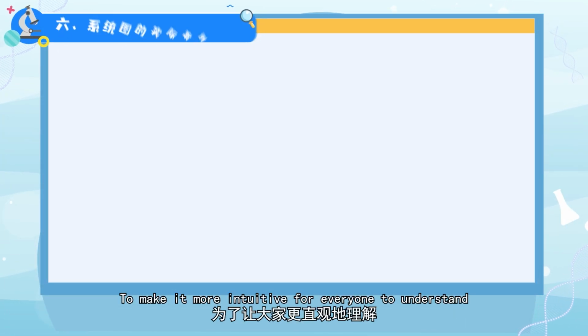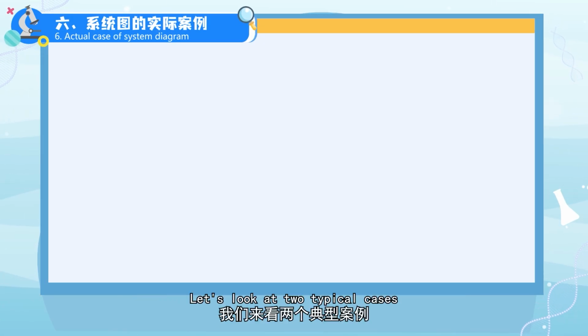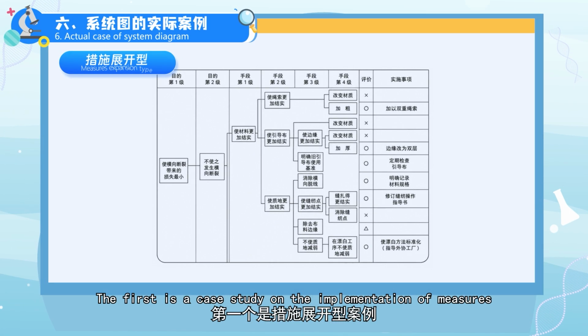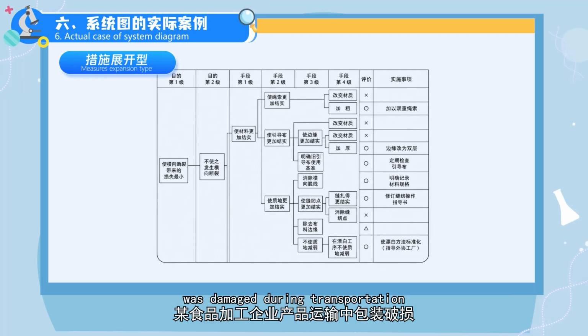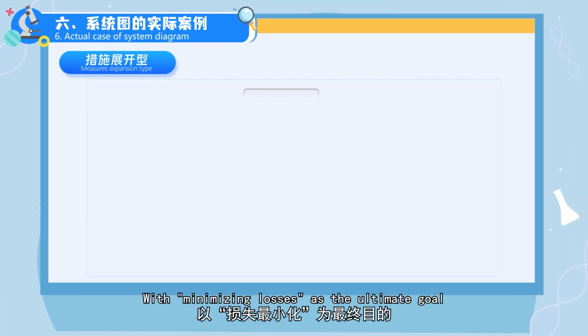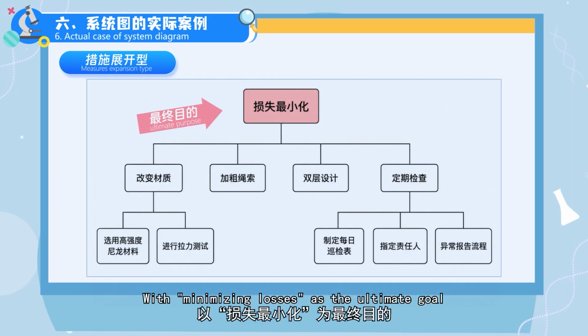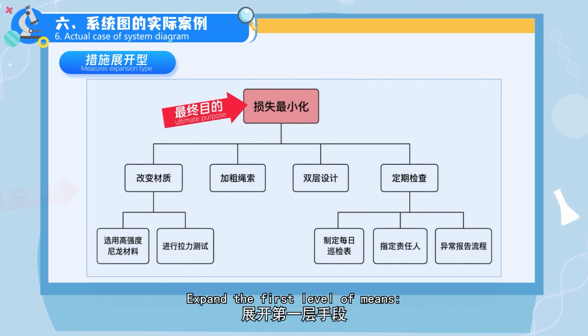To make it more intuitive for everyone to understand, let's look at 2 typical cases. The first is a case study on the implementation of measures. The packaging of a certain food processing enterprise's products was damaged during transportation, with minimizing losses as the ultimate goal. Expand the first level of means.